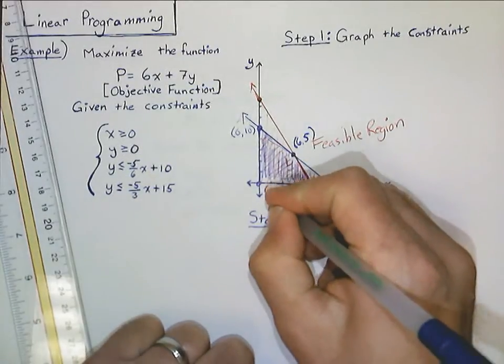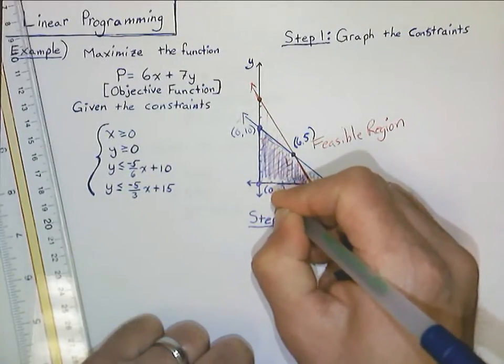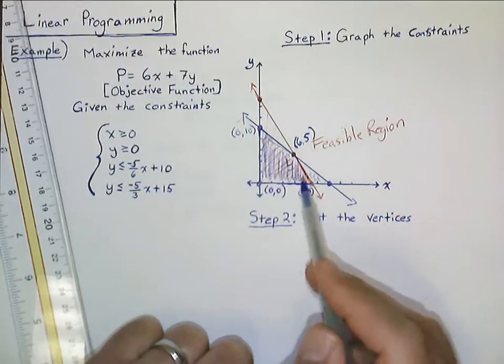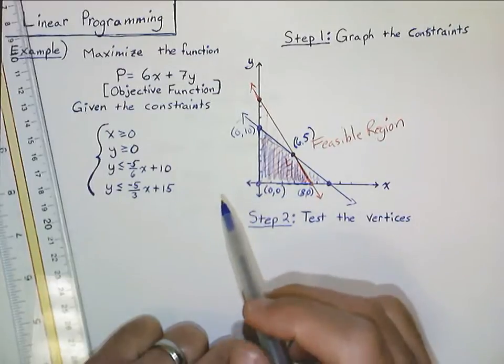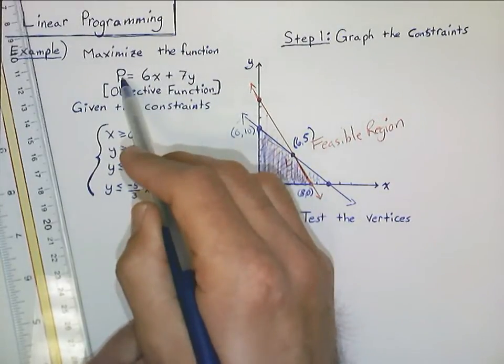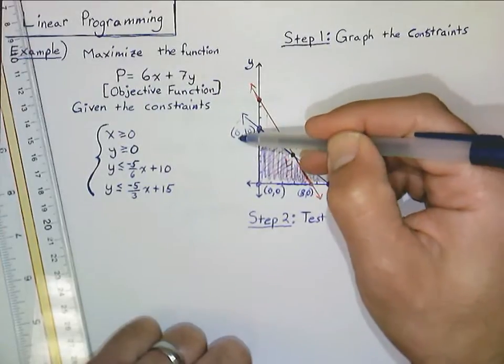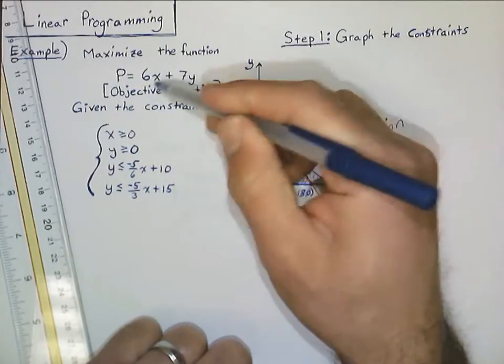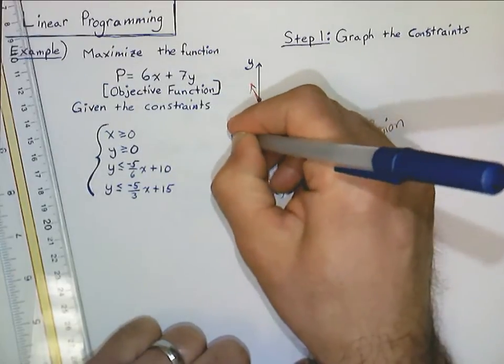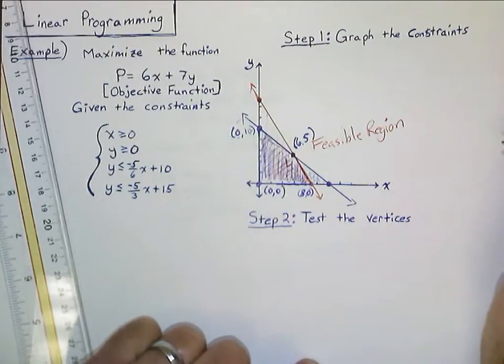So all we have to do to figure out what the maximum value is is figure out what the value of p is at each of these vertices. Meaning we plug in this x and this y, see what p is, and we just pick the biggest one. That one has to be the actual maximum value.